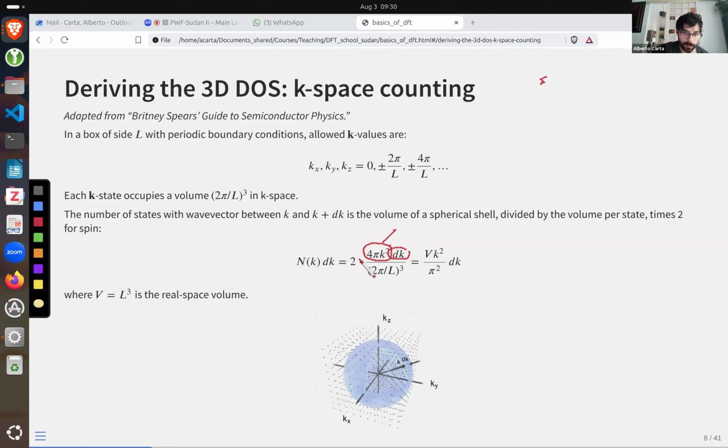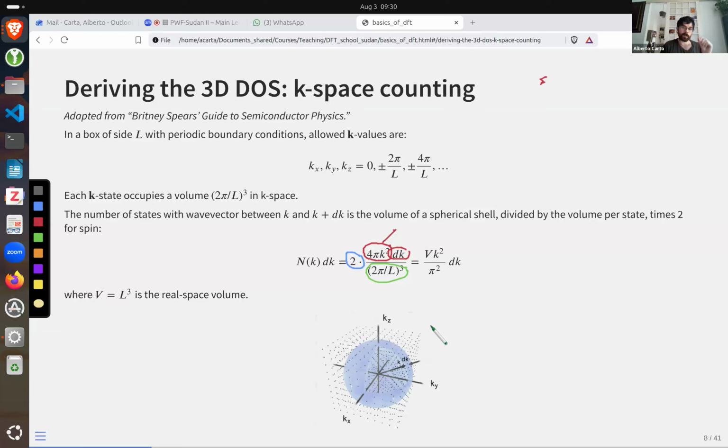Now we have a factor of 2 here, and this factor of 2 comes from spin. Every point can host a spin up or a spin down electron. Then we have this denominator part, which is just the smallest volume that one can simulate in our simulation box.